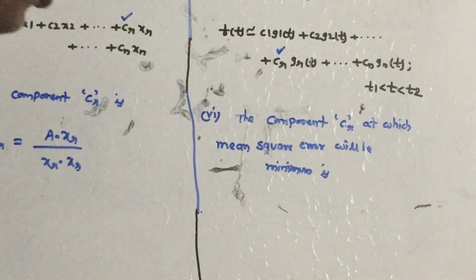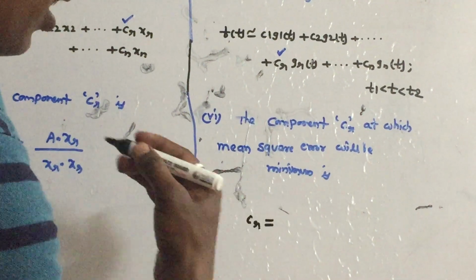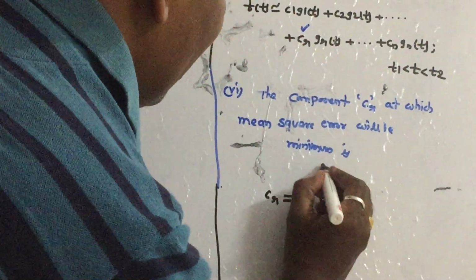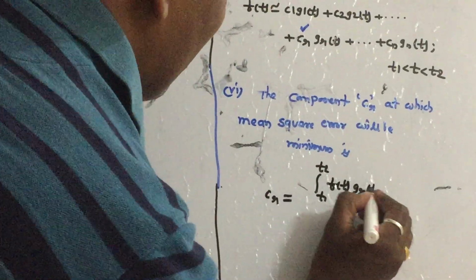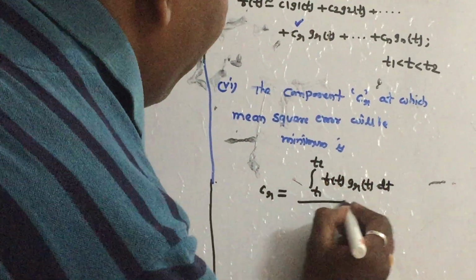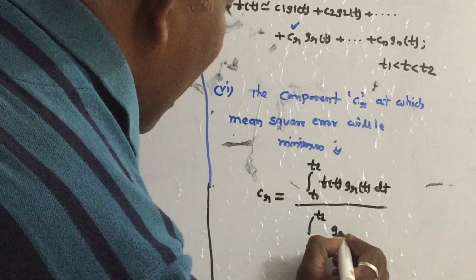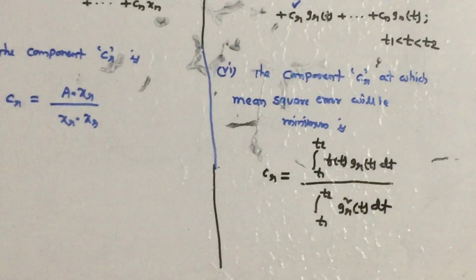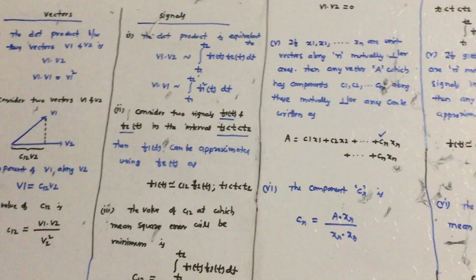Very simple formula, similar to vectors, because you can easily remember vectors from the same concept adapted to signals. So therefore integral t1 to t2 f of t into gr of t dt by integral t1 to t2 gr square of t dt. So this is about the analogy between vectors and signals.